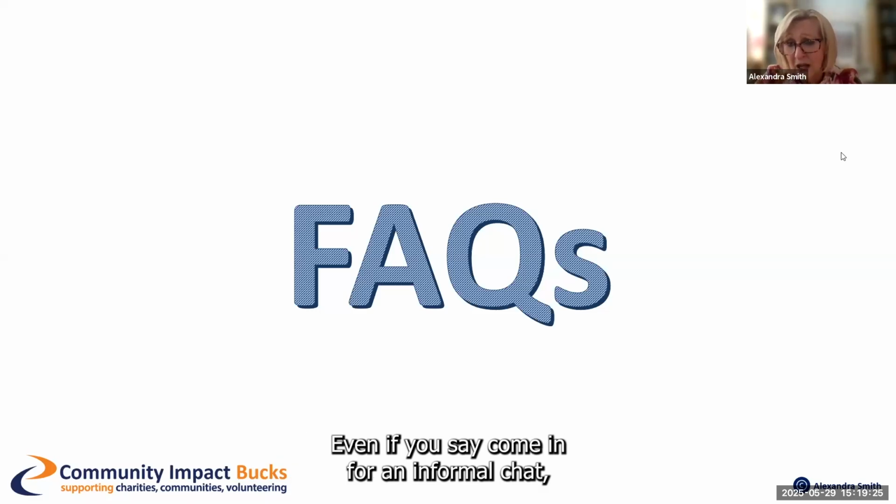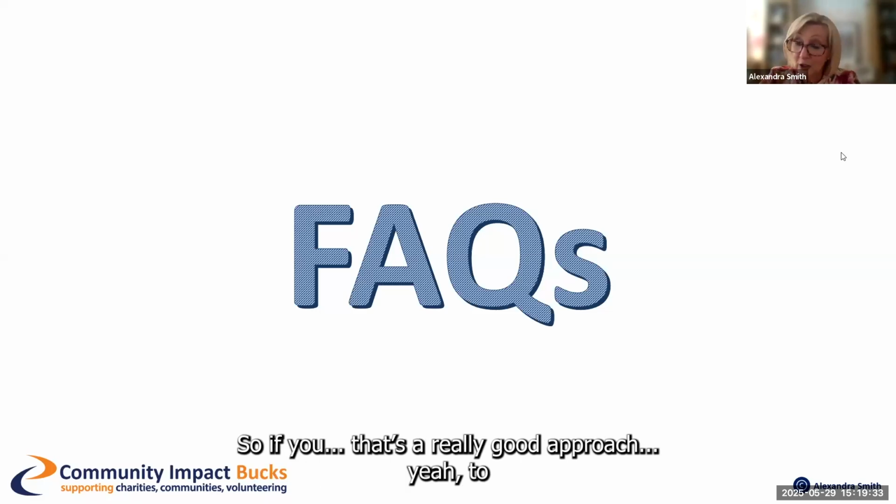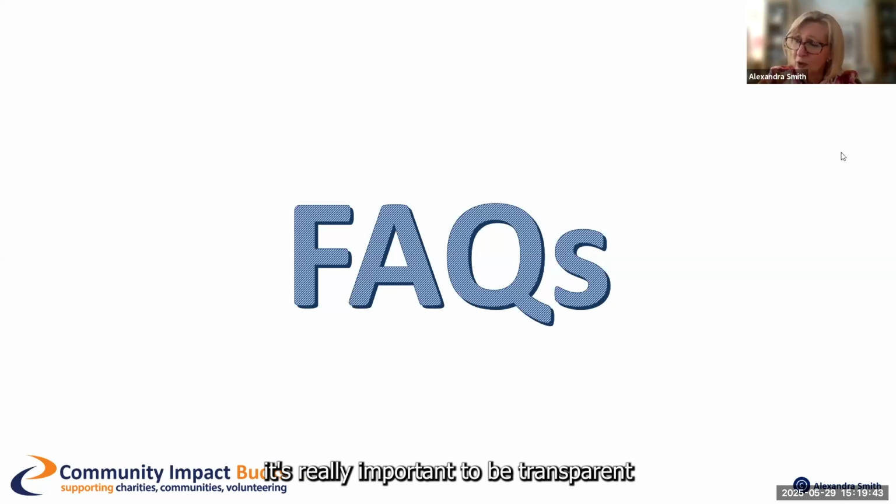Even if you say, come in for an informal chat, we'll be talking about the skills, knowledge, and competencies for the role. If you want to make it low key, totally understand that. But it's really important to be transparent as a means of displaying respect.